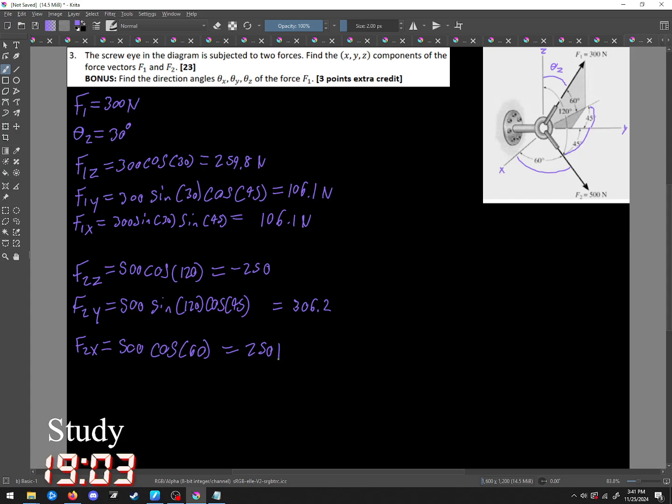And this is all in newtons. Okay. Oops, I forgot to fix this one. Since this one is Fy, this one should just be cosine 45 then, shouldn't it?